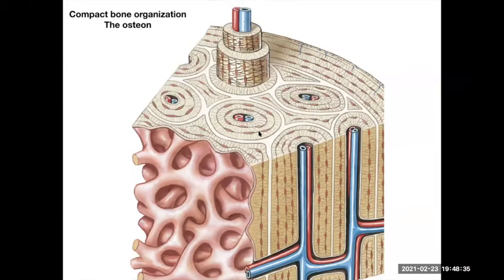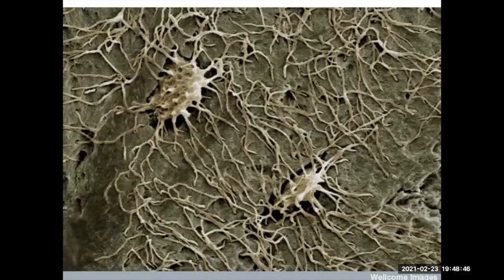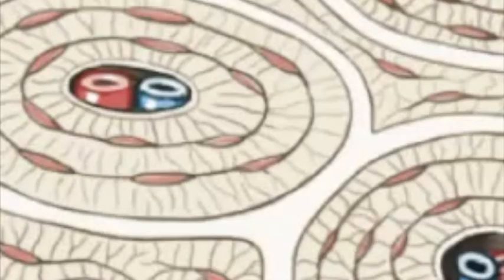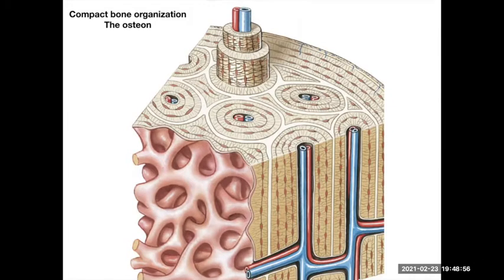But first, let's talk about the overall organization of the bone right here, right? So what we were looking at back over here, these osteocytes sitting over here, right? If you look really closely, these are all those osteocytes, and these little tentacle things are those extensions. And we'll talk more about what they are.